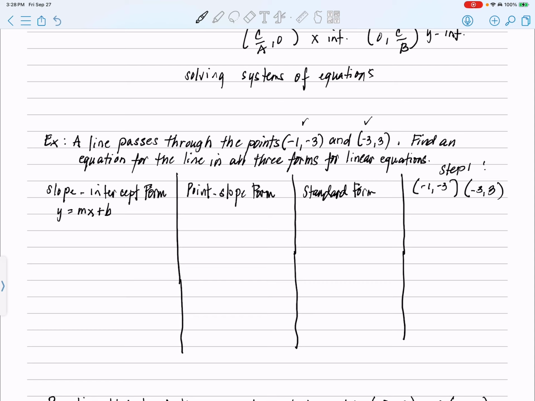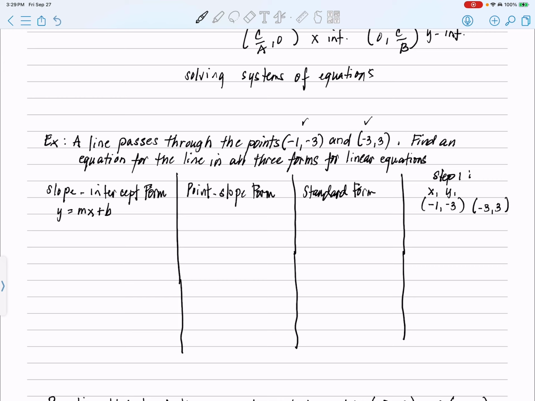So for the slope, I will identify the points first. I'll use the points (-1, -3), then (-3, 3). I will identify this point as (x1, y1).